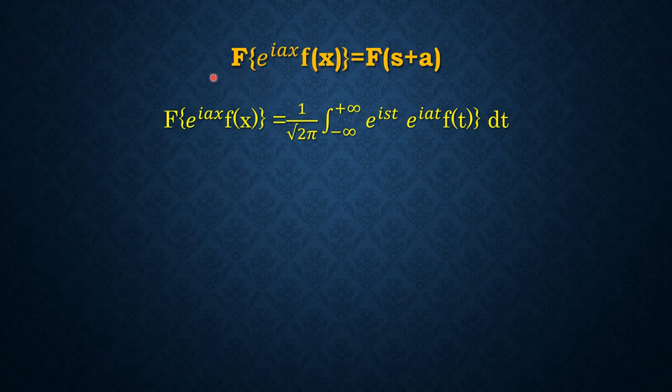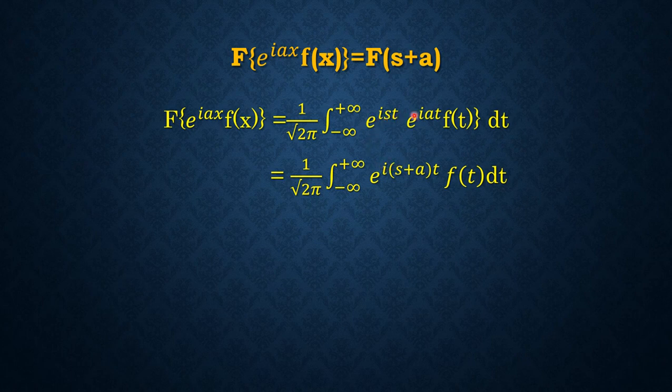Another property or formula: the Fourier transform of e to the power iax into f(x) is equal to F(s plus a). Now the Fourier transform of e to the power iax into f(x) is equal to 1 by root 2 pi integration minus infinity to plus infinity e to the power ist into e to the power iat into f(t) dt.